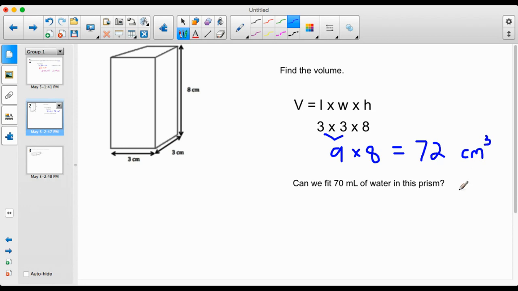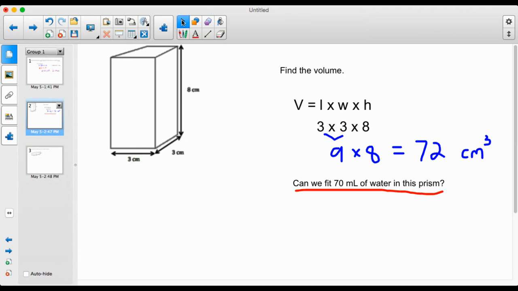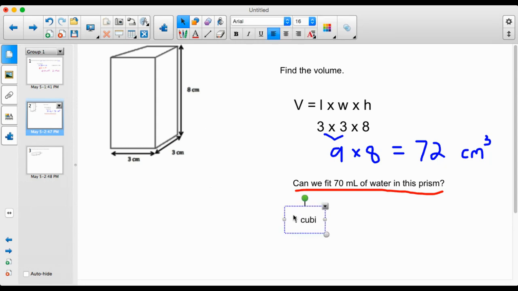We've done this before. But now we have a different question that says, can we fit 70 milliliters of water into this prism? Do you remember our conversion fact? That's the easiest thing ever. 1 cubic centimeter equals 1 milliliter.